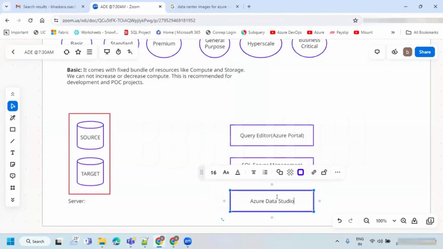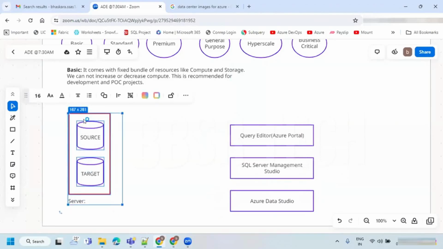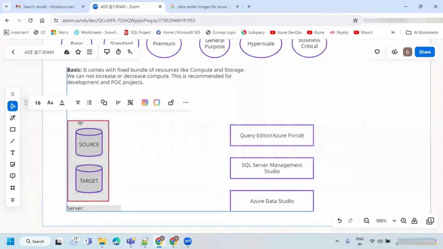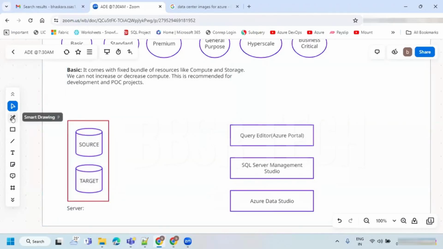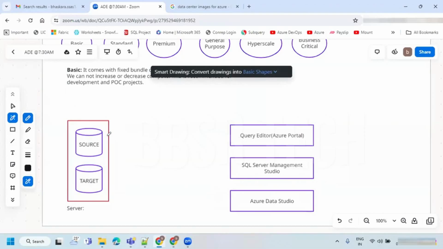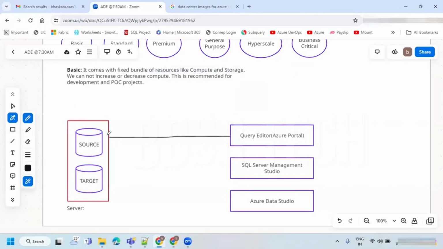Using these three, we are going to connect and see how the database or server is available. We can use all of them to connect.